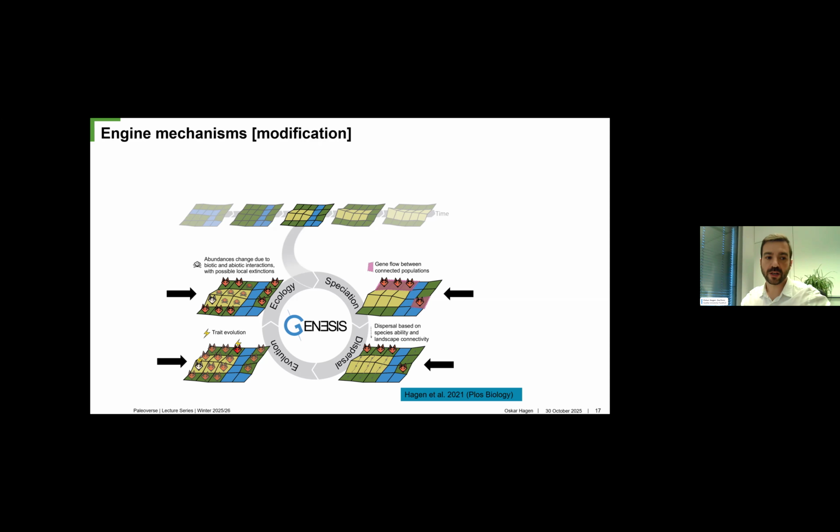So the simulation within each time step is looping for each species. But on the ecology, we solve each site, right? So we go for each site and we look at the local conditions, biotic and abiotic, and calculate these abundances.